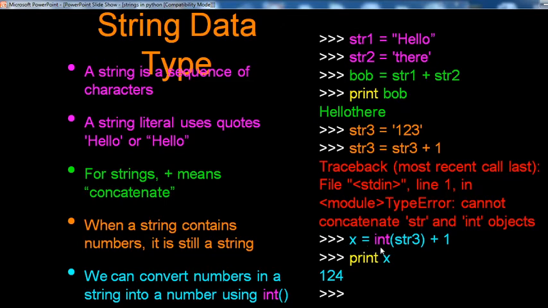See that example: x equals int(str3) plus 1. You define the string as a particular data type, an integer, and only then can you do the addition of plus 1. Here str3 is 123 and you want to add plus 1, so finally print x displays 124.